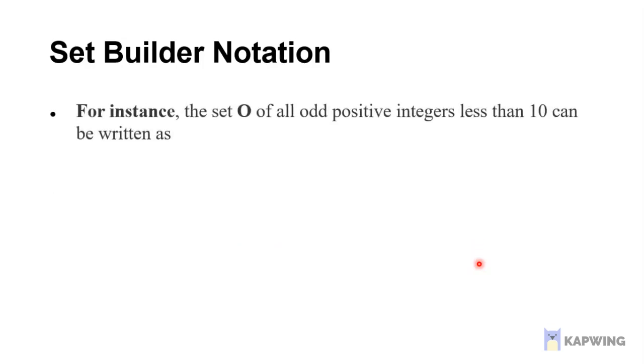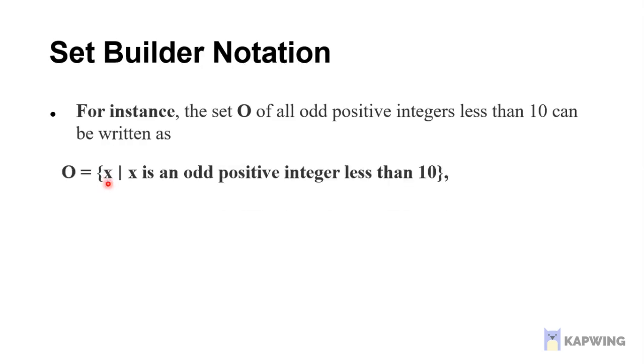So suppose you are told to build a set O of all the odd positive integers less than 10. How we will write it is: the set of all x such that x is an odd positive integer less than 10. Okay, so this is how we will write it.